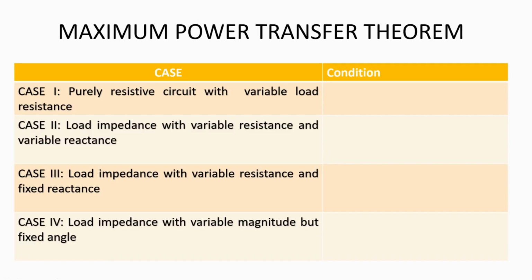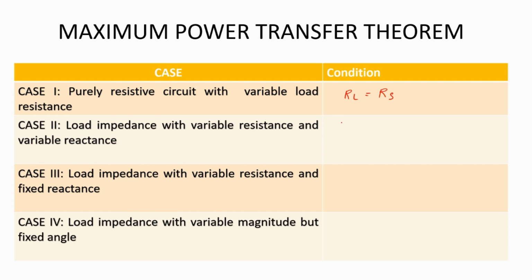So let us summarize the four conditions of maximum power transfer theorem. Here, the first case is where the circuit is going to be purely resistive and the load is a variable resistive load. In that case, the condition for maximum power transfer becomes the load resistance should be equal to the source resistance. The second case is when the load impedance is made up of variable resistance as well as variable reactance.